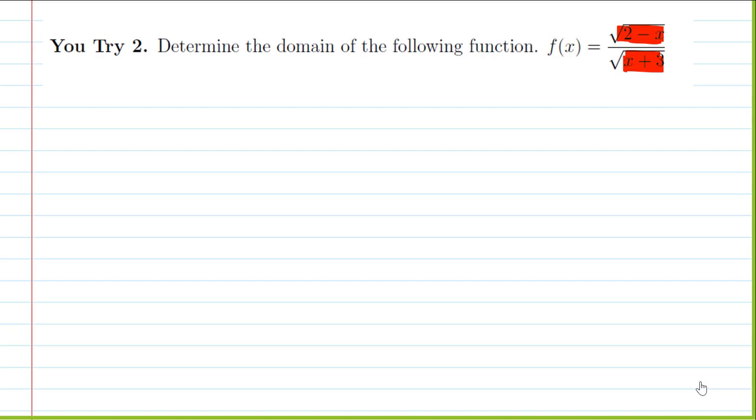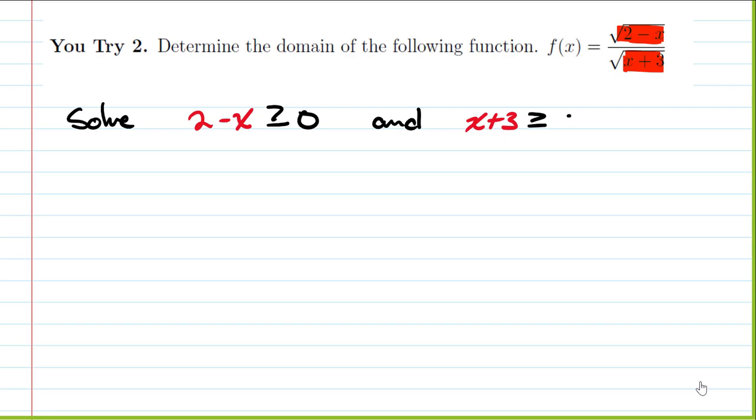So we need to solve for radical functions. 2 minus x, which is our radicand in the numerator, needs to be greater than or equal to 0. And our radicand in the denominator is x plus 3, and it also has to be greater than or equal to 0. So we solve by minusing 2, minusing 2.